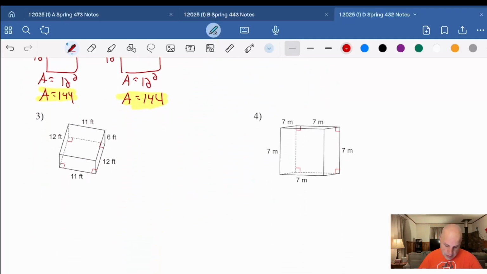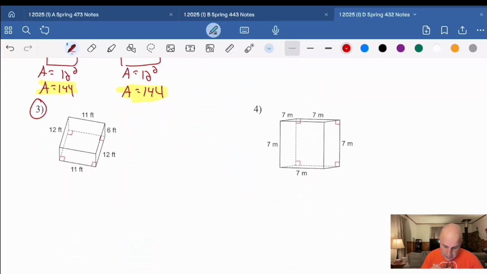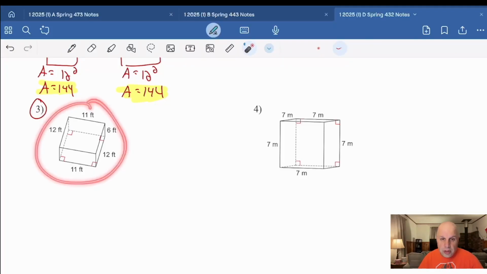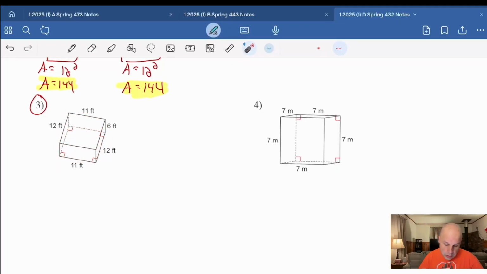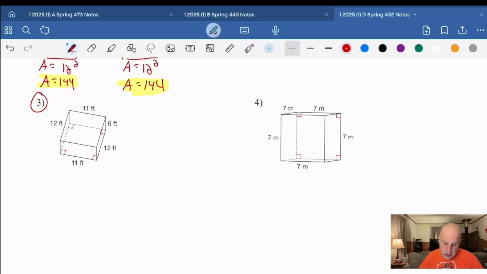Next, let's jump down to problem number 3. I want you to try problem number 3 on your own. What you're going to do is find the areas of each of those 6 rectangles: front, back, left, right, top, and bottom. And what I want you to do is show your work the same way I did.